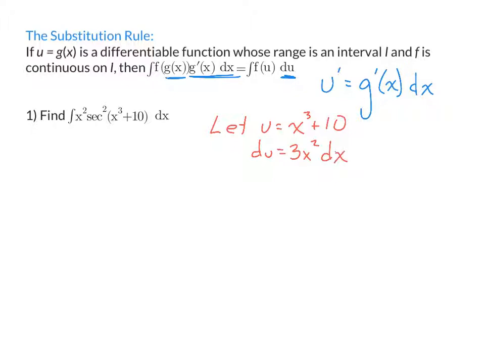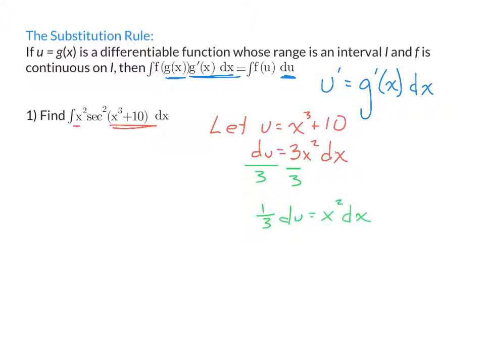Looking over there, I can see that I have that x cubed plus 10, but outside that function, it's an x squared and not a 3x squared. So I'm going to divide both sides of this equation by 3. So 1/3 of du is the same as x squared dx.